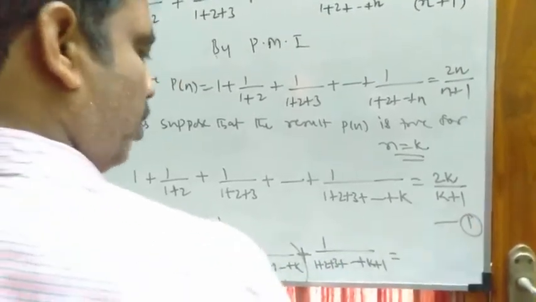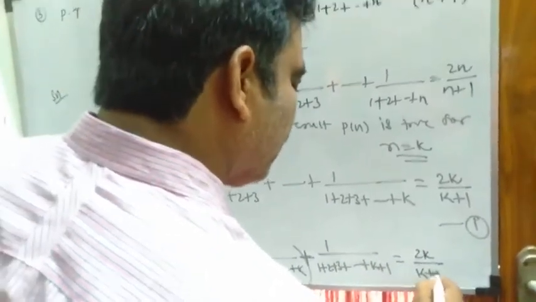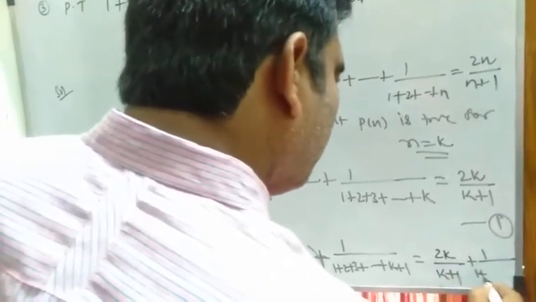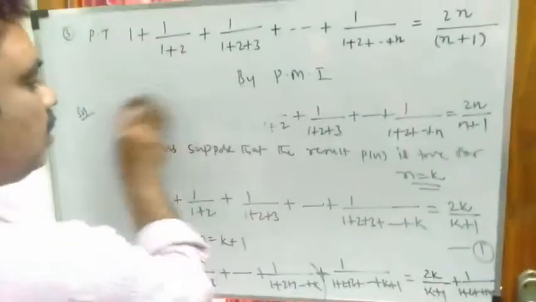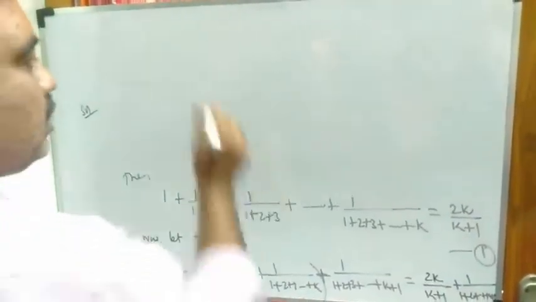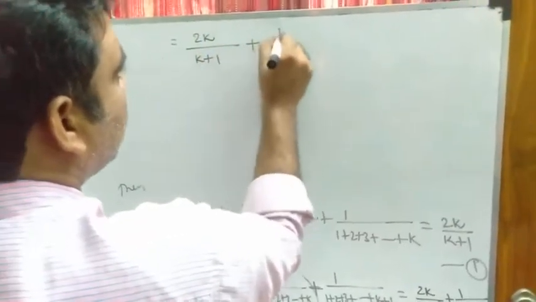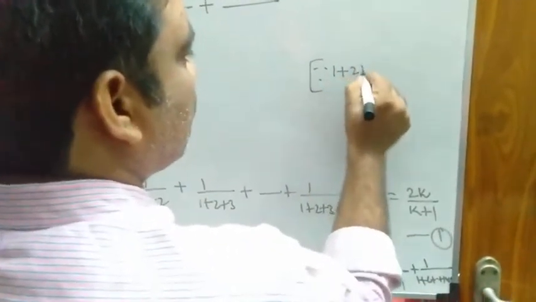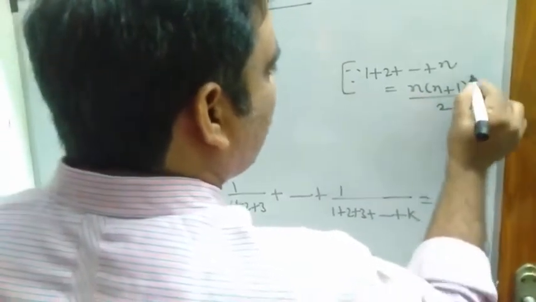And by equation 1, for k terms it is 2k by k plus 1, plus 1 by 1 plus 2 plus so on, plus k plus 1. Right. So on expanding the right hand side term, that is equal to 2k by k plus 1 plus 1 by, we know that the sum of first n natural numbers, 1 plus 2 plus so on plus n, is equal to n into n plus 1 by 2.